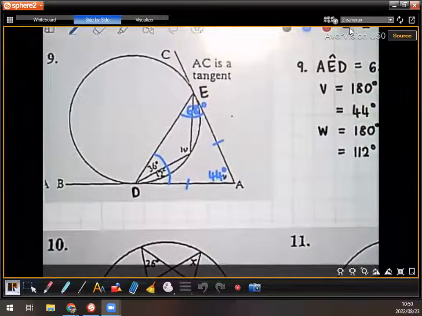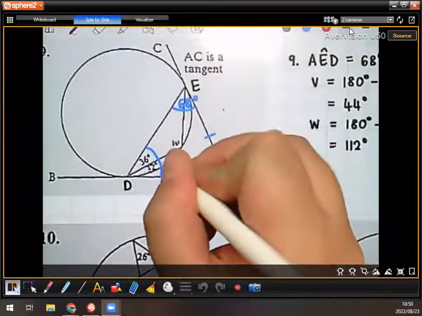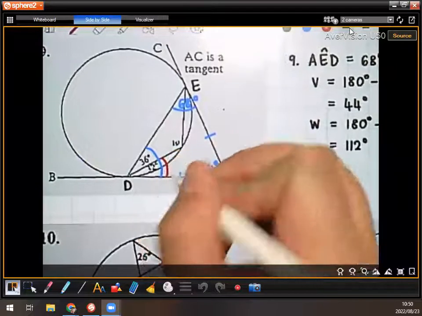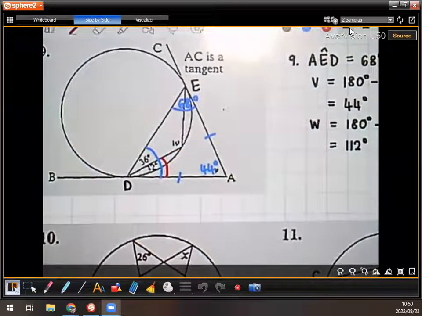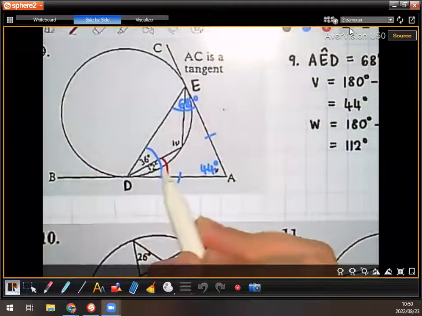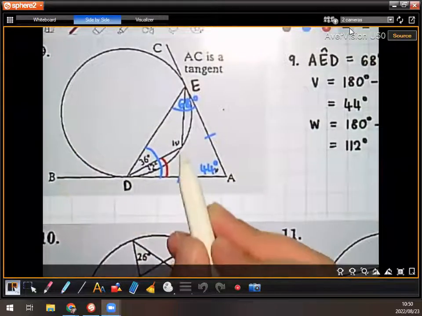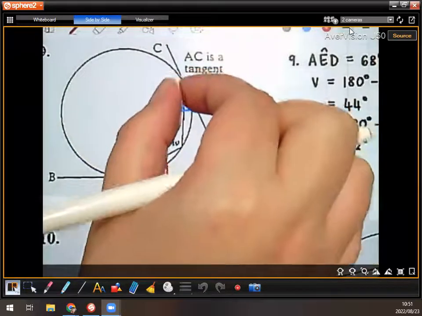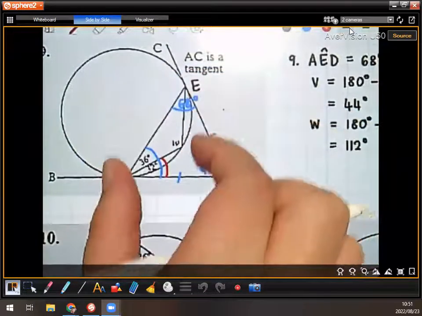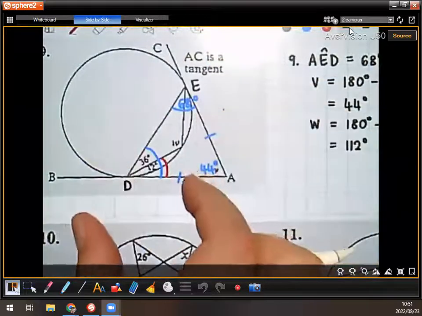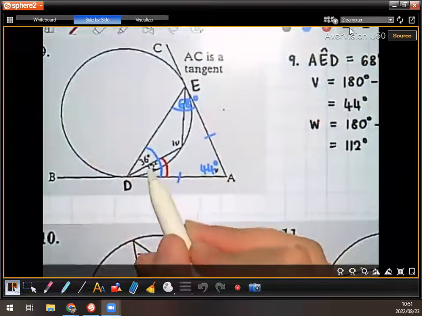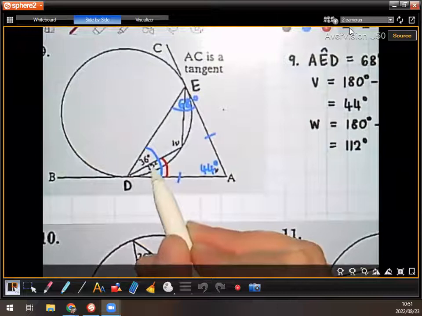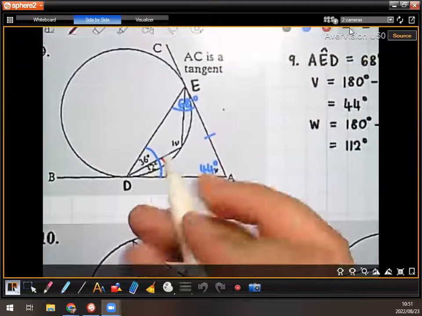Here, this 32-degree angle is a difficult angle. This angle 32 is between the tangent and this chord, right? And this chord subtends that angle over there as well. So this is 32. No, I'm talking about just this bottom part.